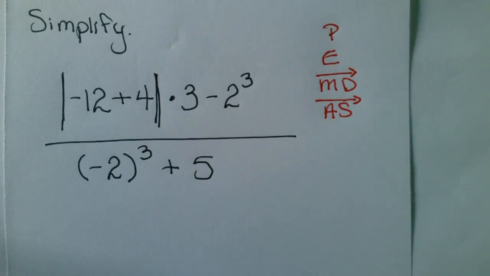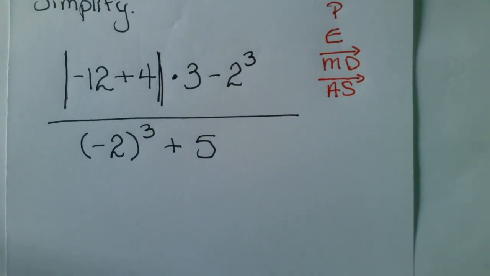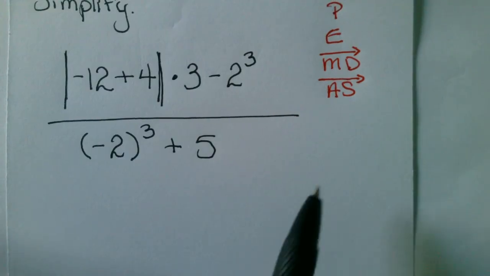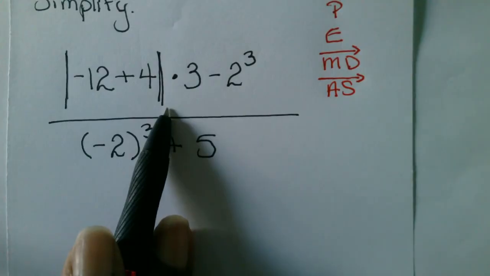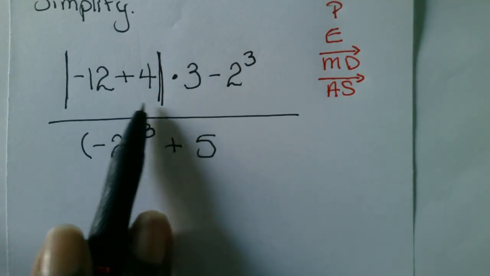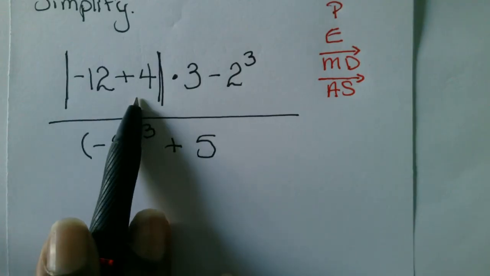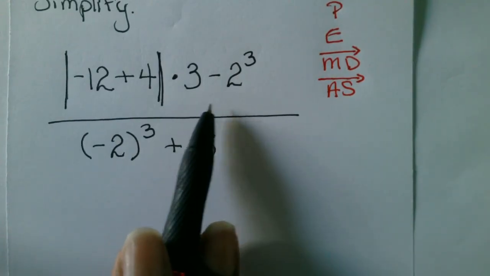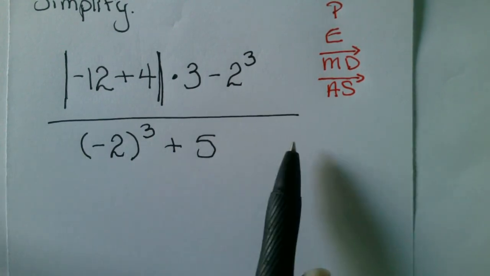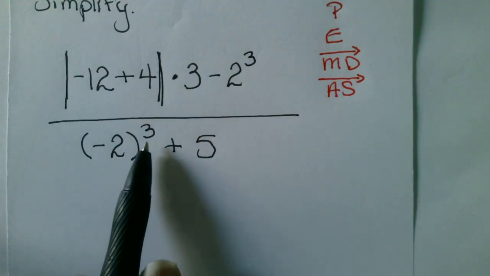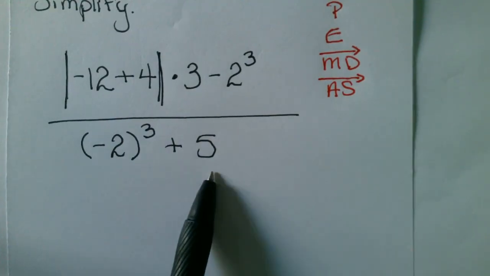Okay, so let's take this bad boy step by step. We don't have any parentheses, but we do have absolute values. So it's the absolute value of negative 12 plus 4 times 3 minus 2 to the third power, all over negative 2 to the third power plus 5.